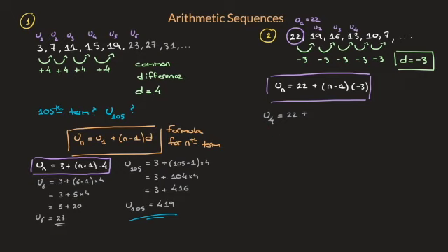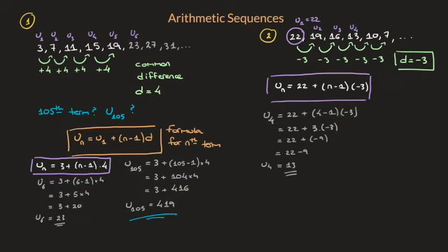So that turns into 4 minus 1 times negative 3. That's equal to 22 plus 4 minus 1, which is 3, and that's 3 times negative 3. I'll put a little dot to say I'm multiplying. And that's equal to 22 plus 3 times negative 3, which is negative 9. And finally, that's equal to 22 minus 9, so that's u sub 4 equals 13, which confirms that the formula does work. Indeed, the fourth term is equal to 13.